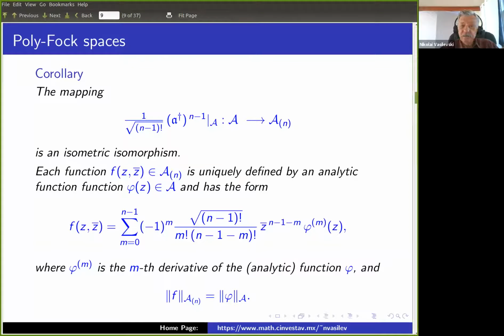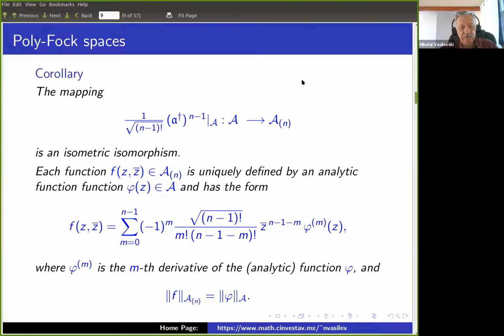And we can give an explicit formula for any true polyanalytic function. It is uniquely defined by a certain analytic function and has this explicit form.